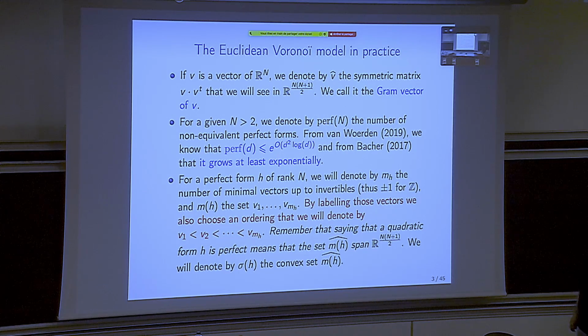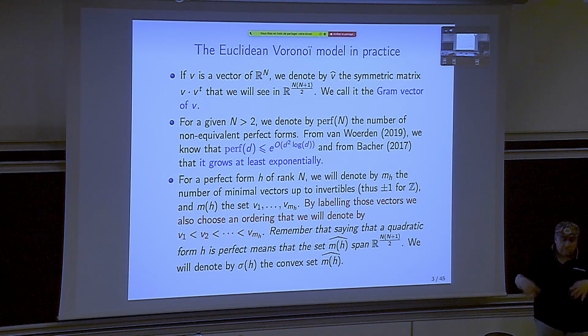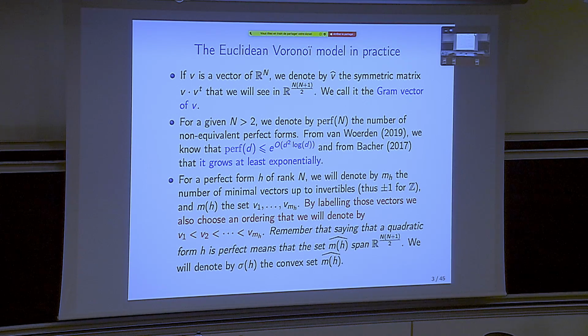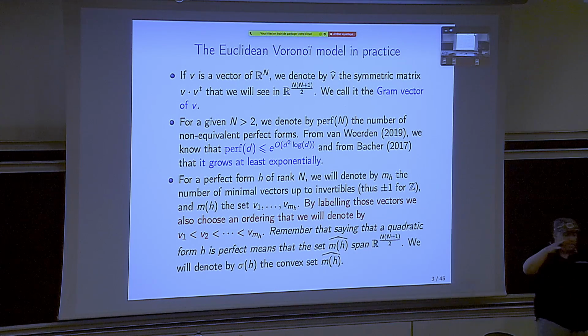I will denote by A the Gram matrix associated to a vector, and by extension, I will use A to denote the convex hull of a set of Gram vectors. In particular, I will use it mainly for minimal vectors of perfect forms, which will be the vertices of our polytopes.